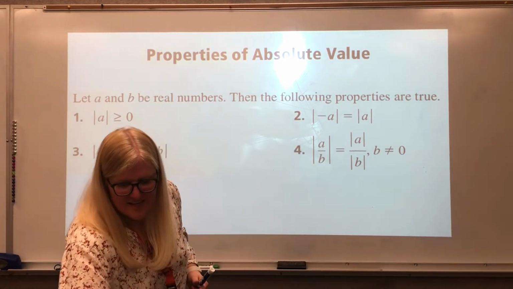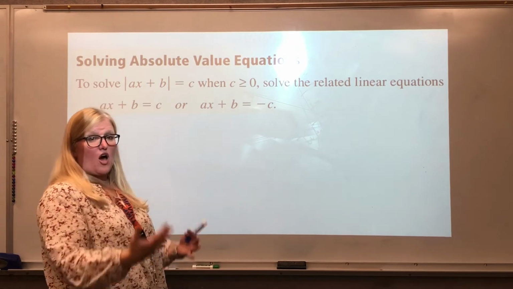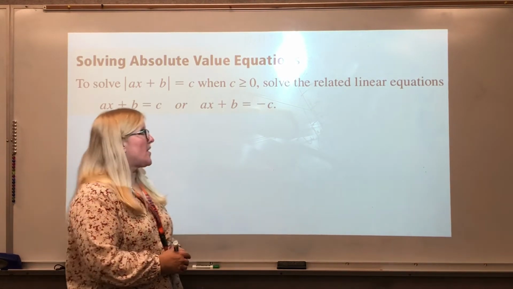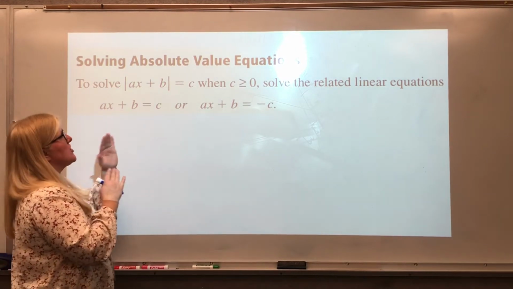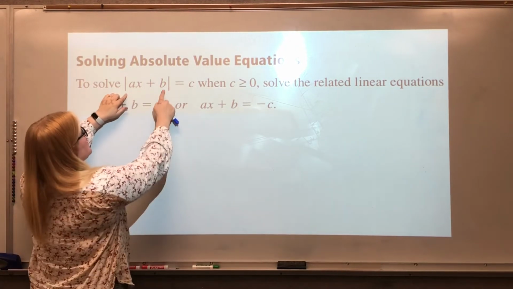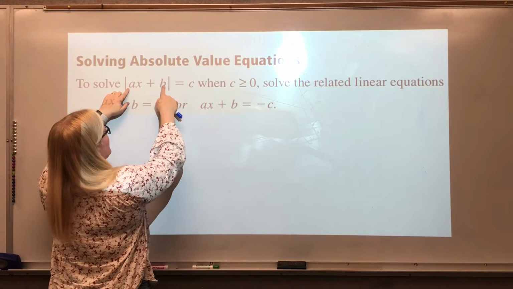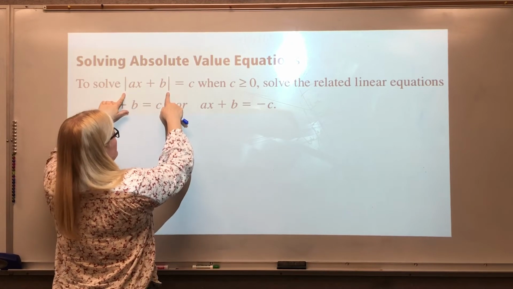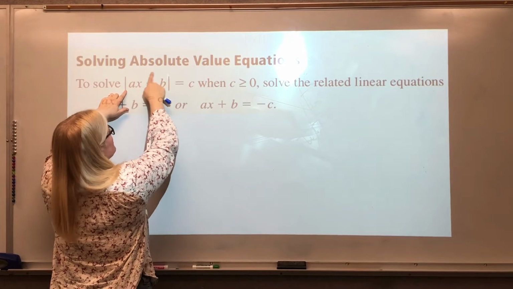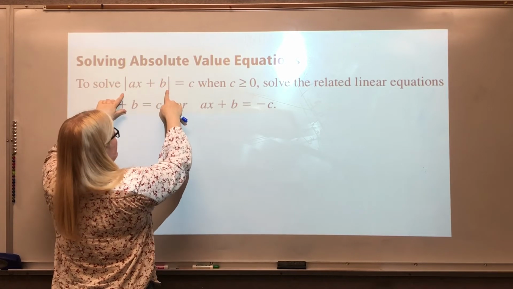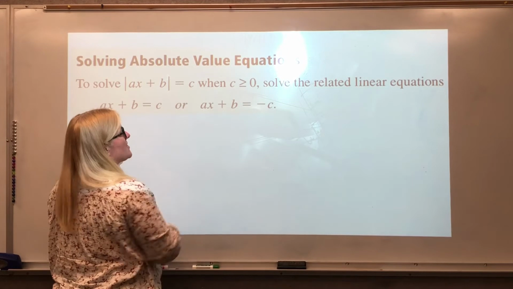So this next slide tells us how we actually solve these absolute value equations. We have to take into consideration that this in here is going to be a positive number, and when we take the absolute value, it'll be positive. But if this number in here is negative, and we take the absolute value of it, it's still positive.